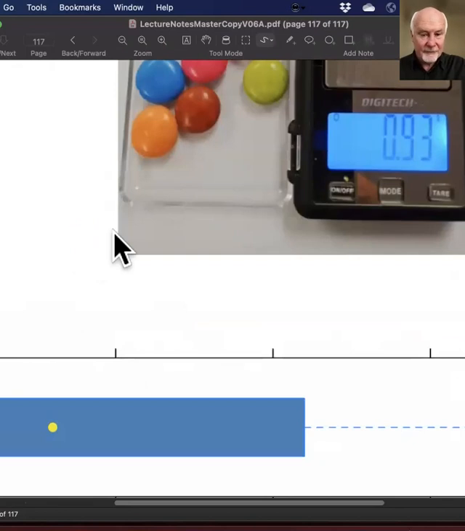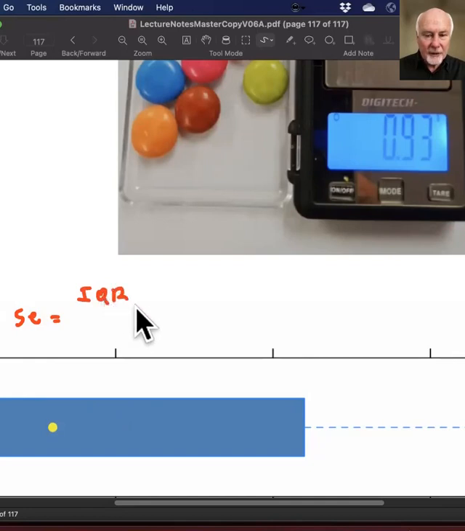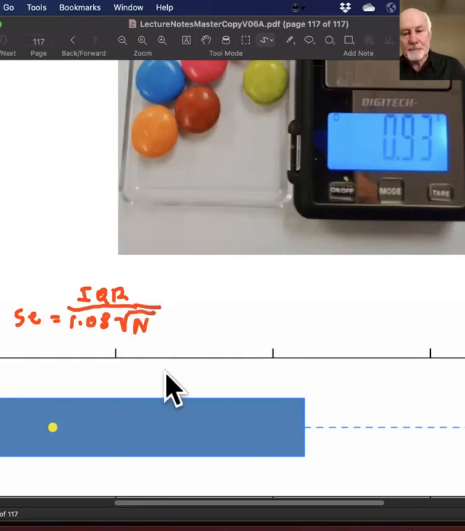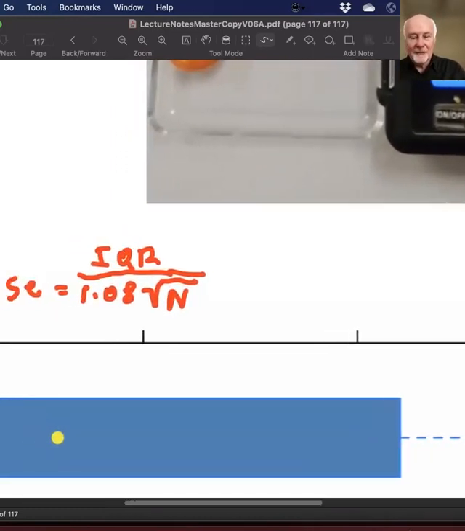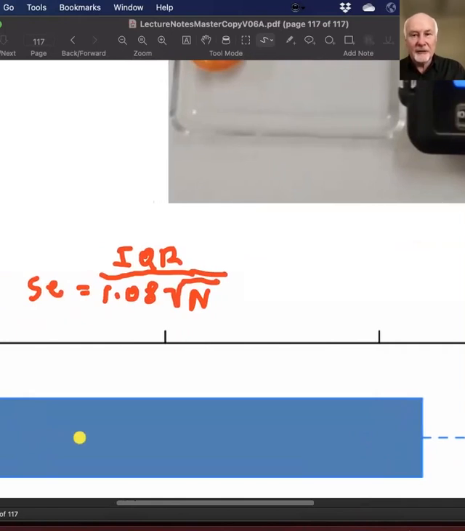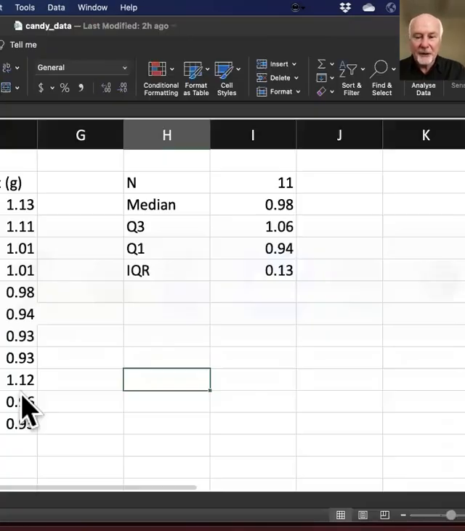Standard error equals IQR divided by 1.08 times the square root of n. So that gives you a reasonable approximation to the standard error for the median. So let's do that calculation.